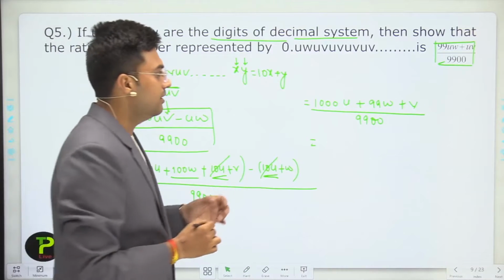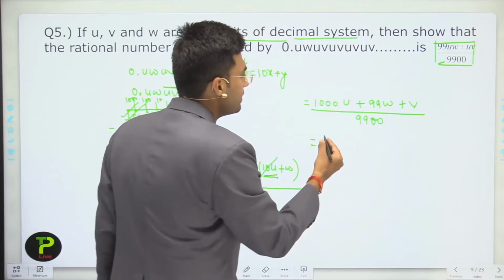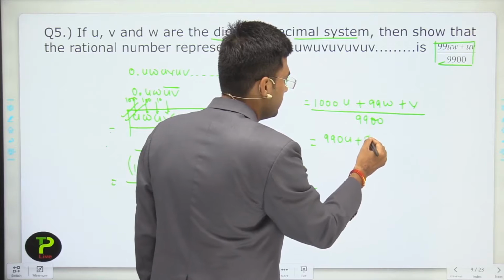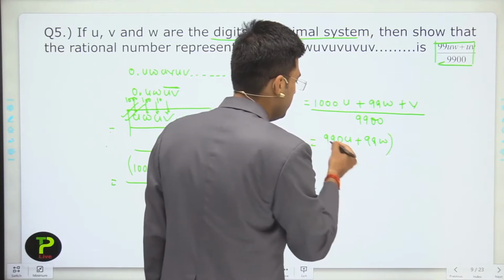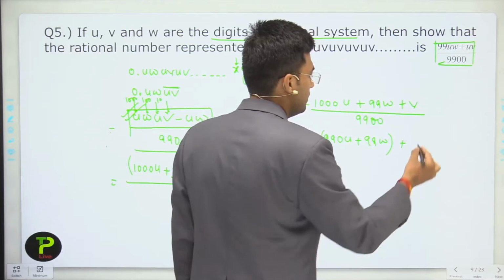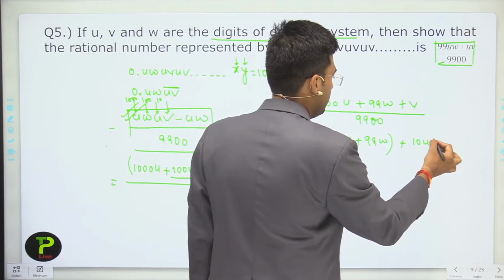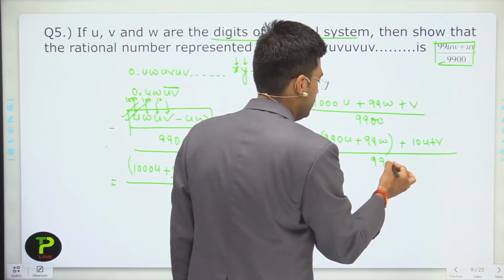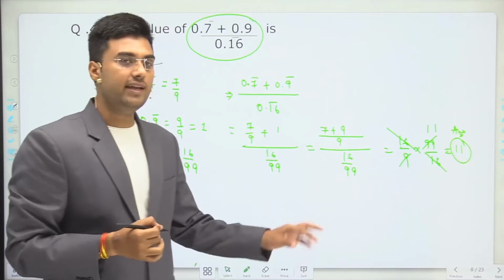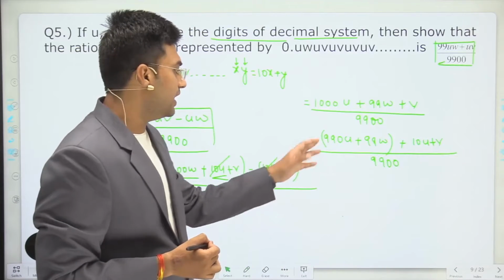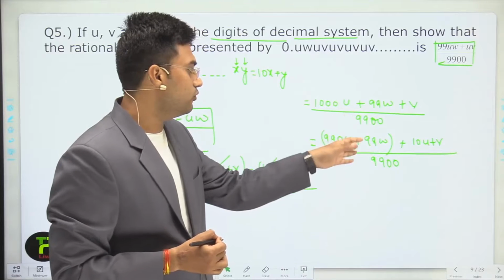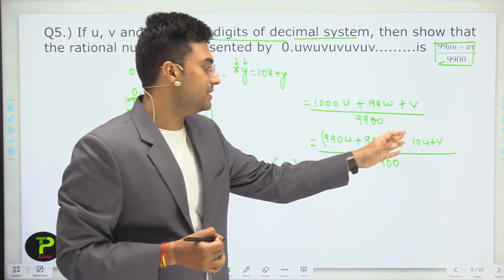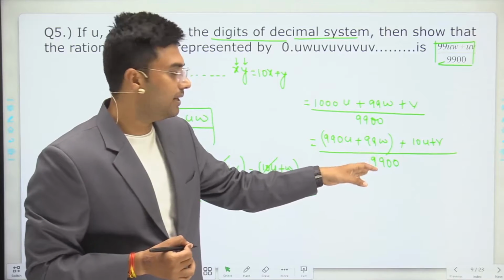Now students, we can write it as 990U plus 99W plus 10U plus V divided by 9900. So what will we get by writing this in the form of 990U plus 99W plus 10U plus V divided by 9900?